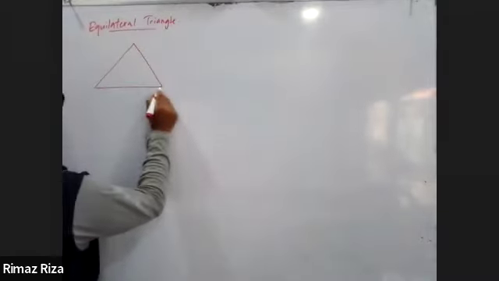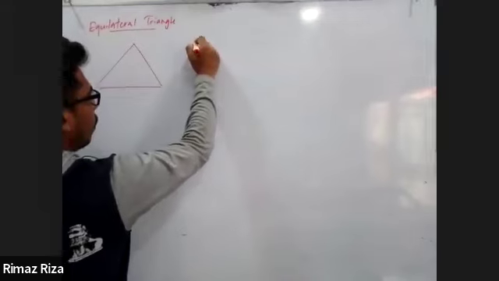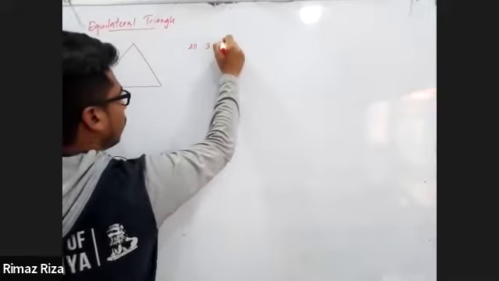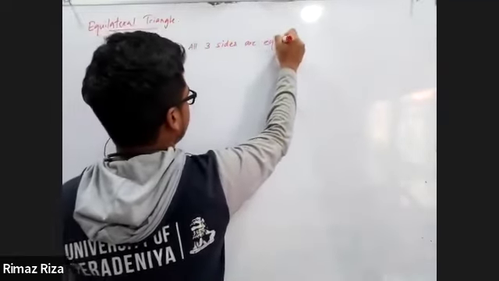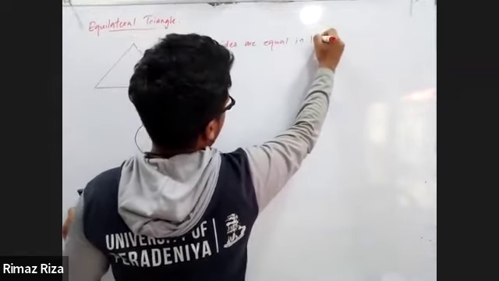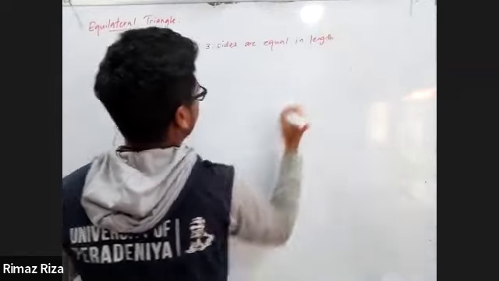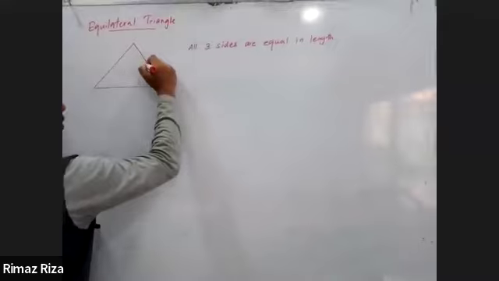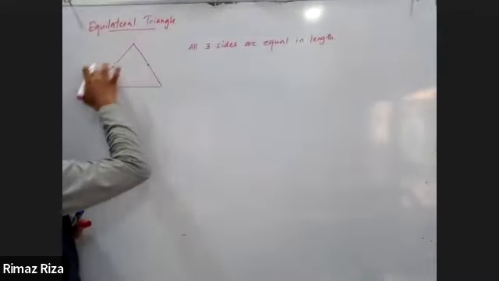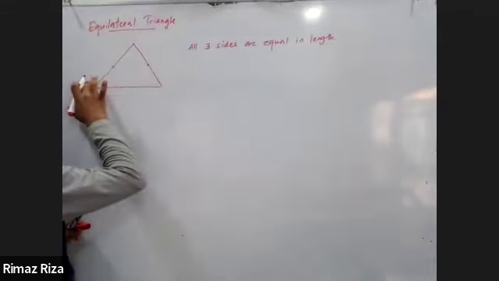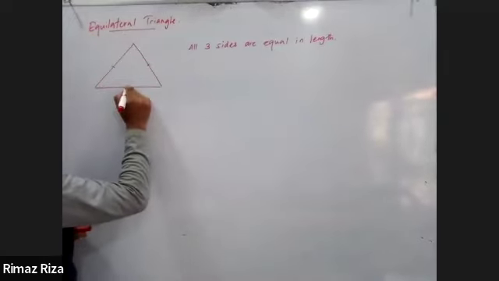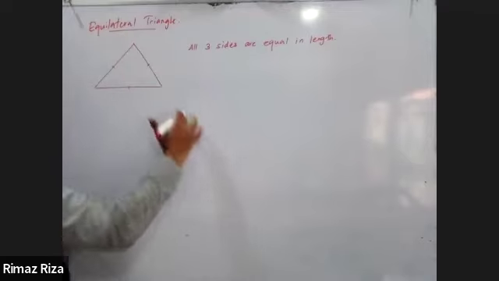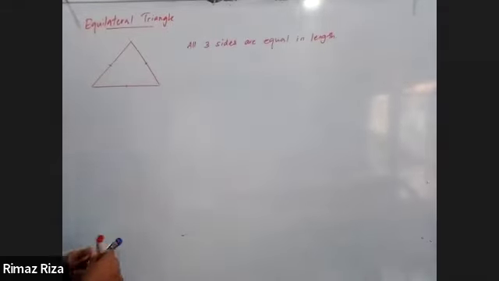So let's write down: all three sides are equal in length. That means the length of this side is equal to the length of this side, and also equal to the length of this side. All three sides are equal.